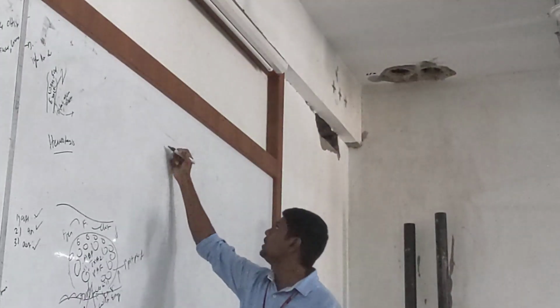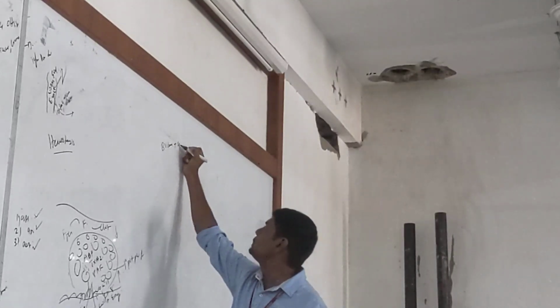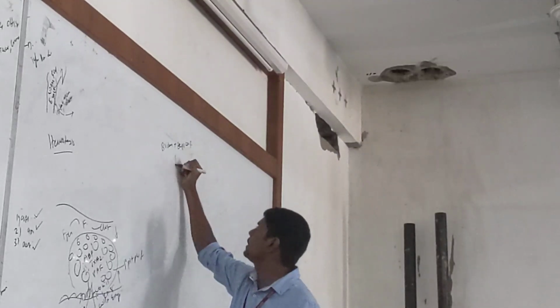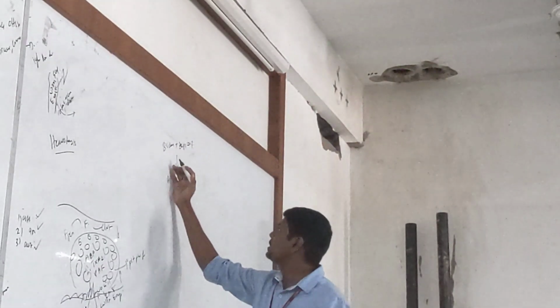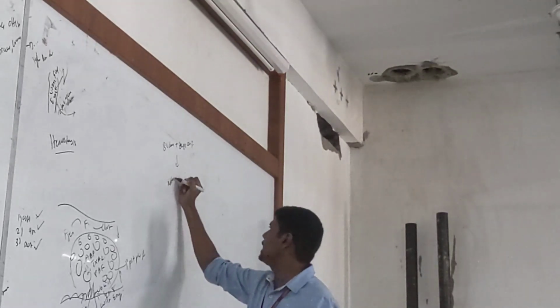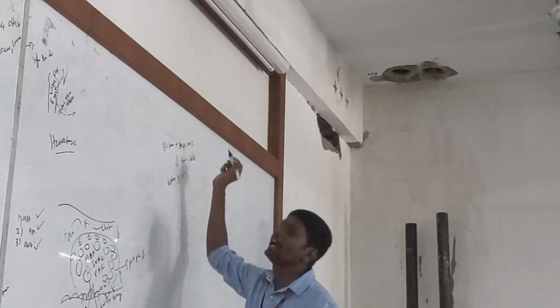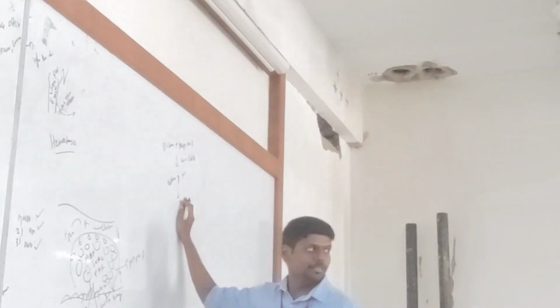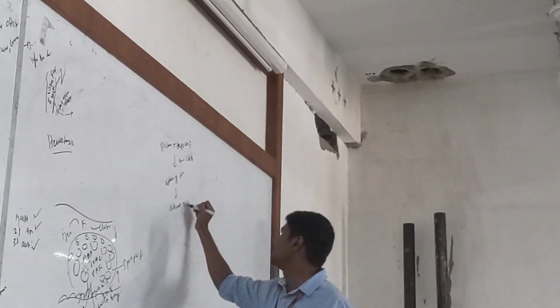What are the steps? First, blood vessel damage plus exposure of collagen fibers. Then attachment of platelets in the presence of von Willebrand factor. After platelet attachment, activation of platelets.